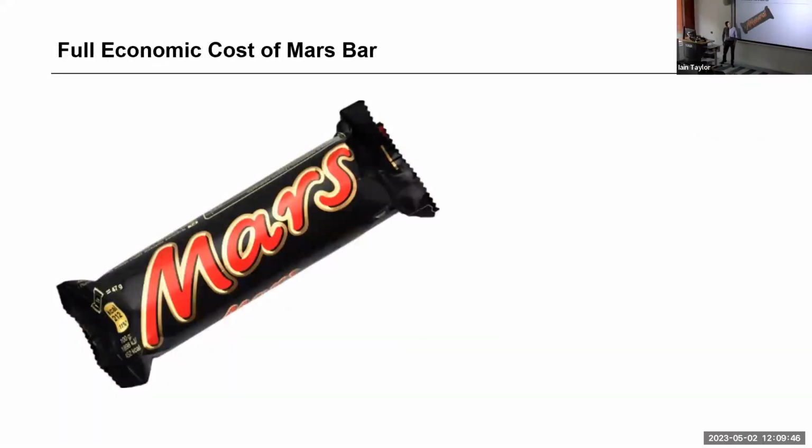Okay, so when I was struggling with this, someone helpfully ran me through an example using a Mars bar. So I'm going to show you what I think is the full economic cost of a Mars bar, and hopefully this might be a useful way of thinking about research.